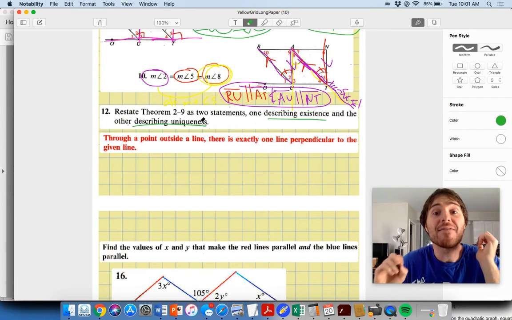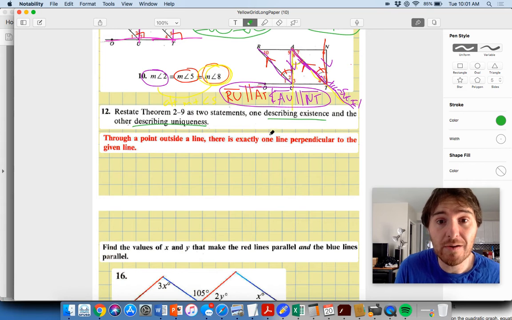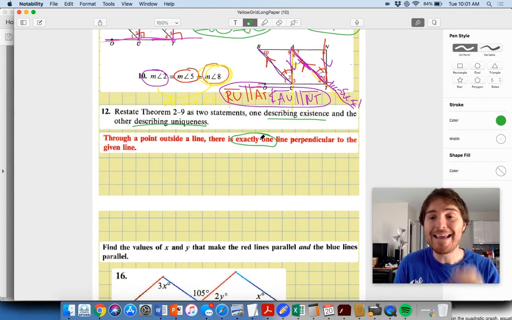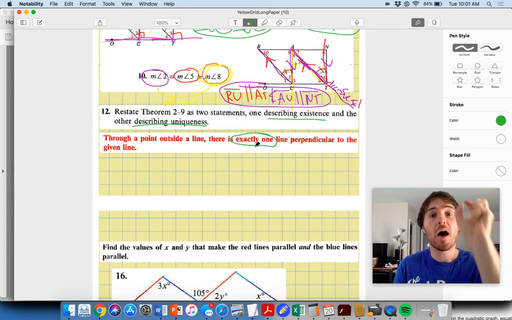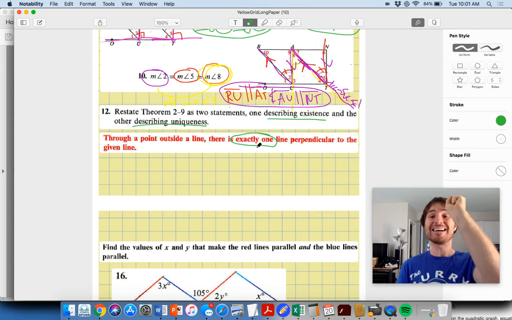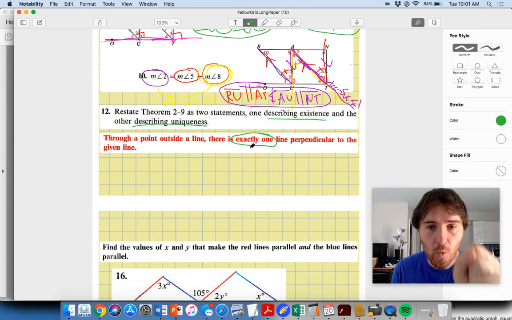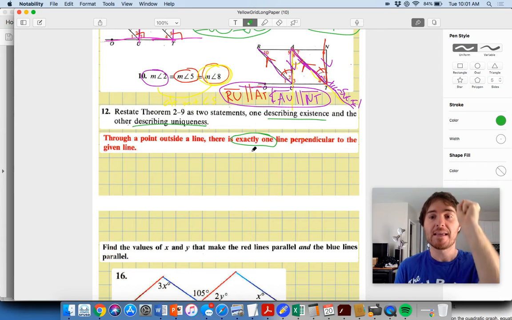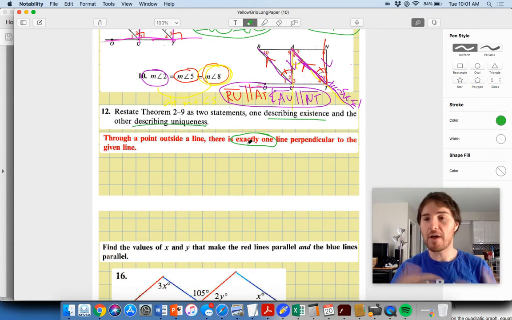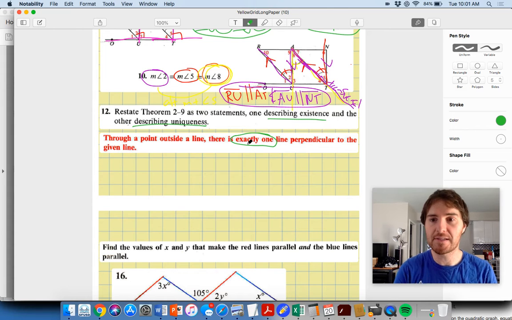What does this mean? The idea is I really want you to understand why this phrase, exactly one, appears in so many theorems, because it's a very specific way of talking about things in scientific and mathematical writing. So in a normal year, where we have more time in class, I'll spend maybe 20, 30 minutes talking about existence and uniqueness, the statements that establish that.